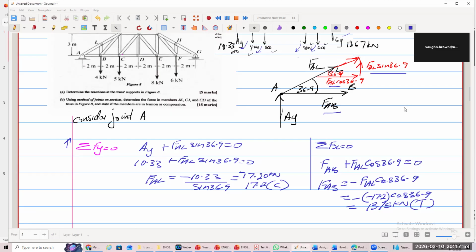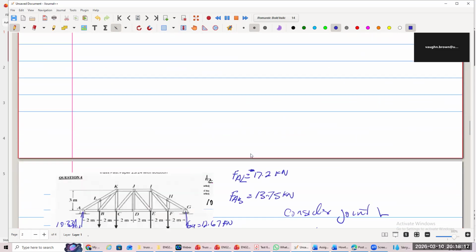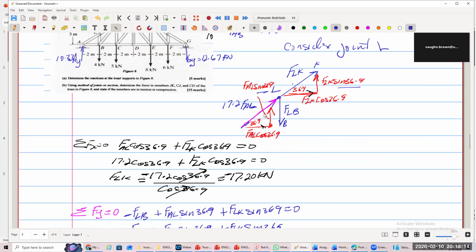Oh yeah, still recording. So look, we go here and I assume that it was in tension, but I realize after calculation that the force is in compression. When I'm drawing the second joint, I don't keep it in tension, I keep it in compression. So I put it going into the joint, which now makes it 17.2.